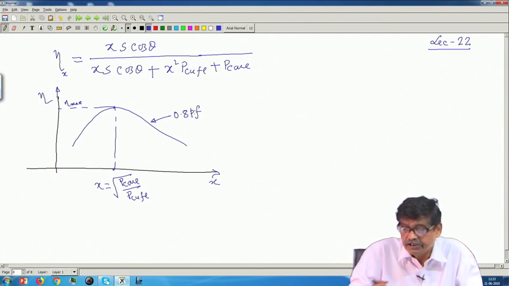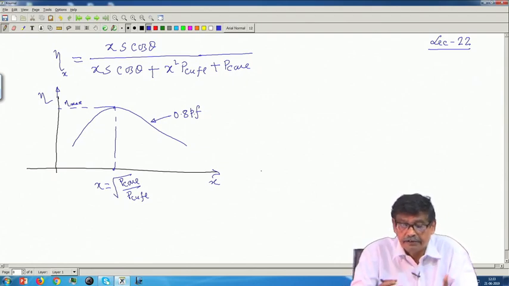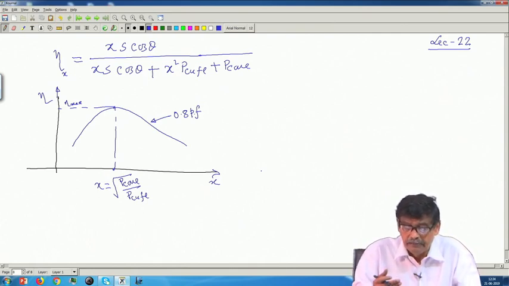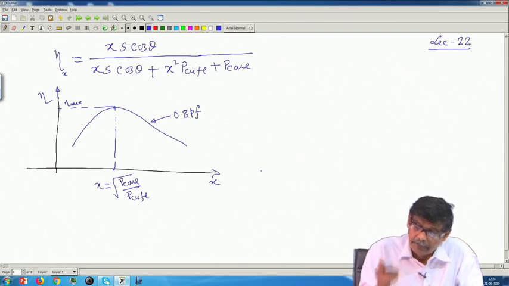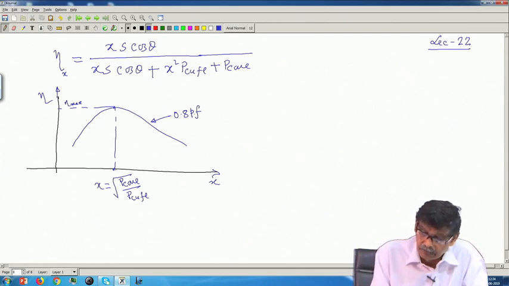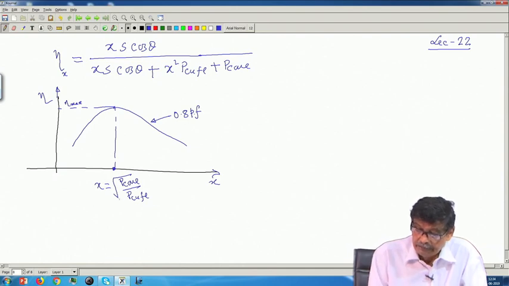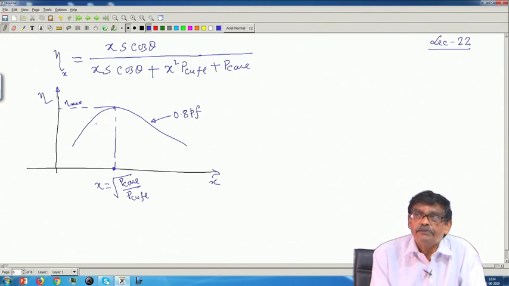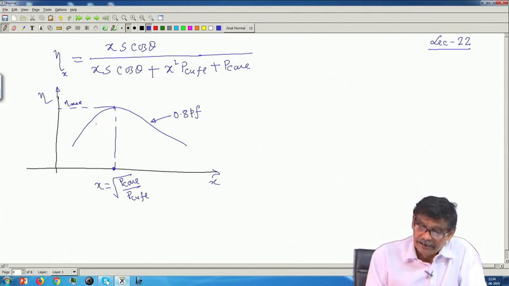How will this efficiency versus x curve change? Will its position remain the same? I am not sure right now, but I am sure about one thing. Whatever be its position, the value of x at which maximum efficiency will occur only depends on P_core and P_copper full load. It will be here only.